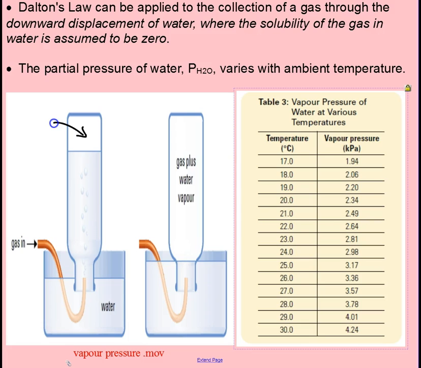And when we do an experiment like that, we need to account for that partial pressure of water, which is dependent on the ambient temperature, the temperature within the collection vessel, or closely approximated would be the temperature of the room. So this partial pressure of water is going to increase as the temperature in the room increases.